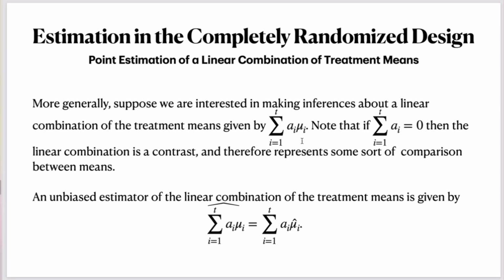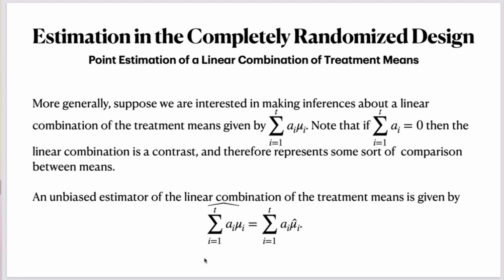Recall that if the sum of the coefficients, the sum of the a's, is equal to 0, then the linear combination is a contrast and therefore represents some sort of comparison between the means. Now, an unbiased estimator of the linear combination of the treatment means is given by this expression here. Notice that I've got a hat over this notation for the linear combination itself.